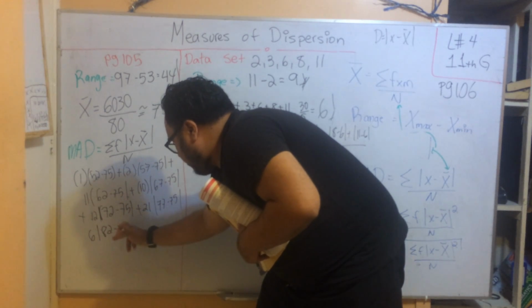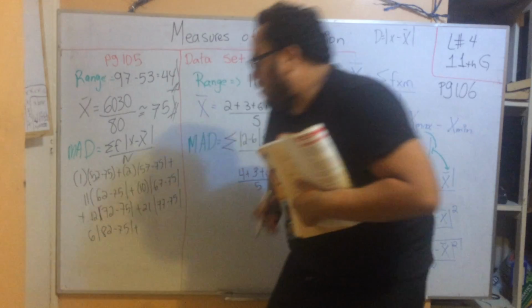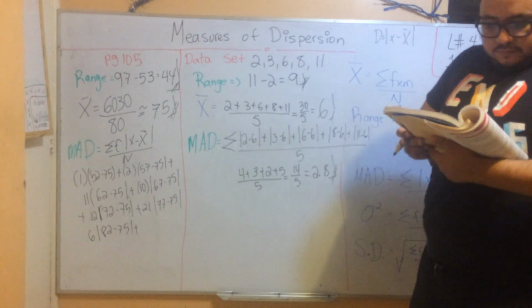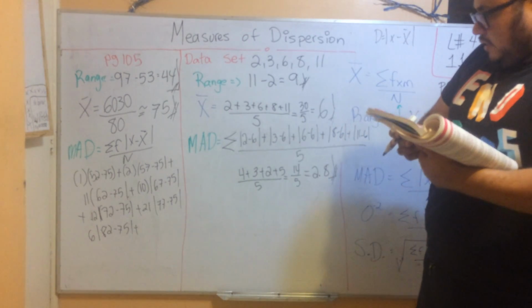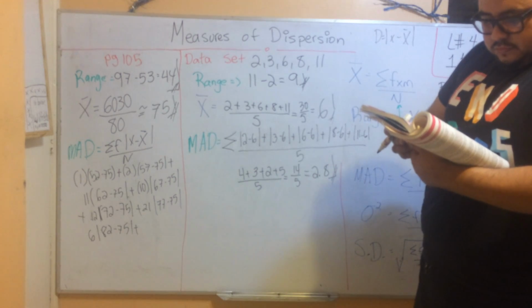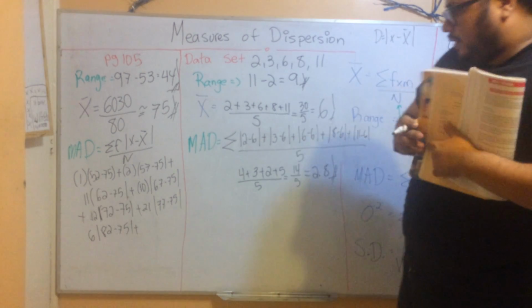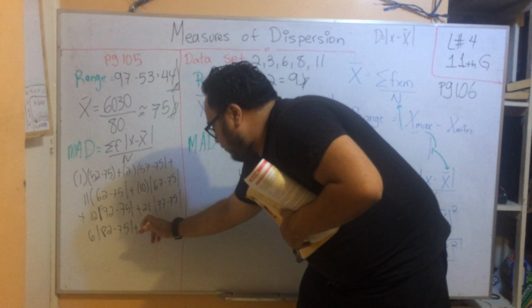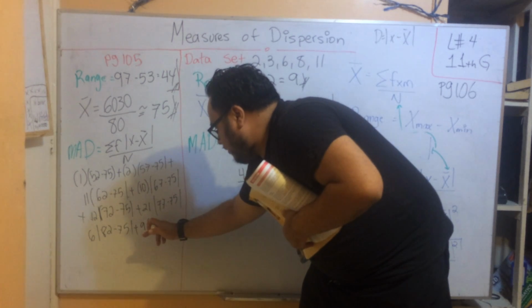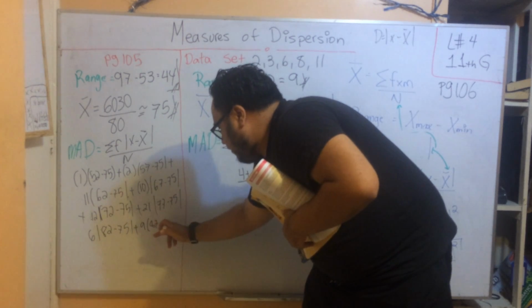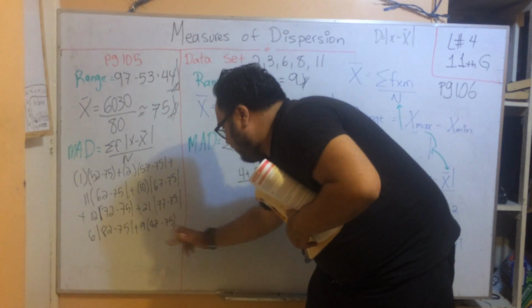absolute value. Plus 87 and 9. We have 9 multiplied by 87 minus 75.